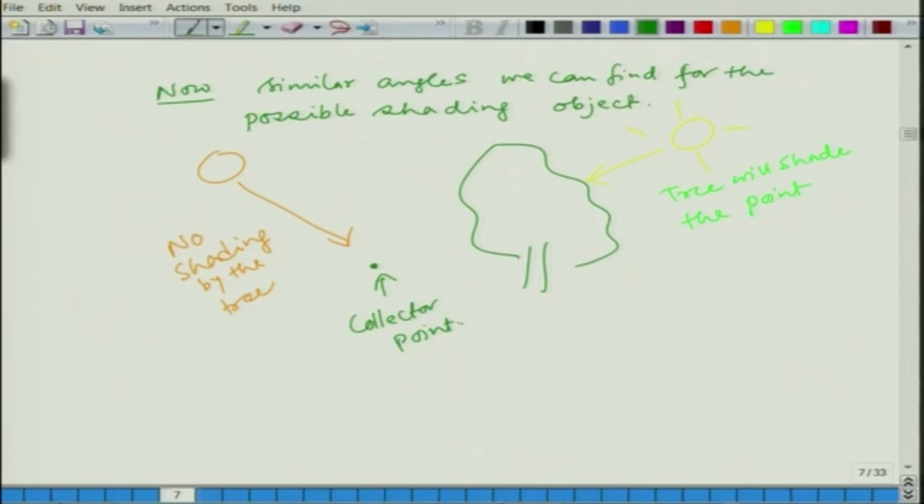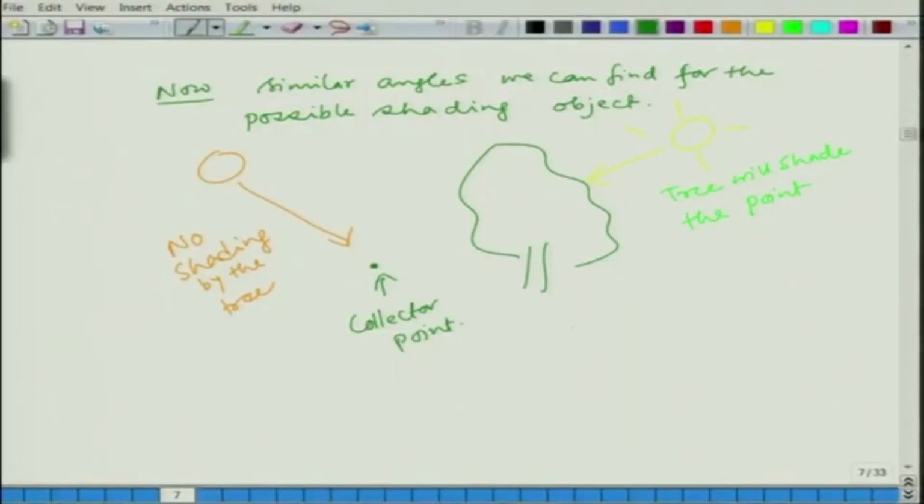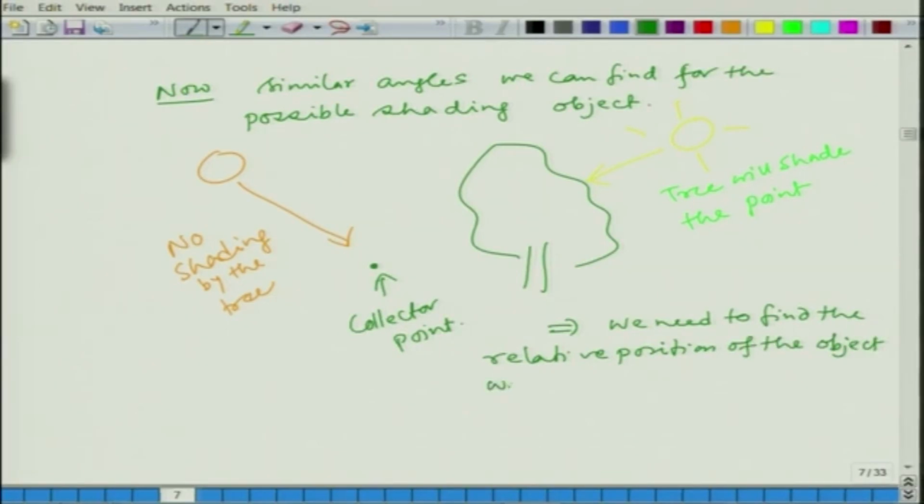Okay. So, we need to have some idea what is the relative position of the sun with respect to the point and what is the relative position of the object with respect to the point. Okay. So, we need to find the relative position of the object, here it is a tree, with respect to the point, right.